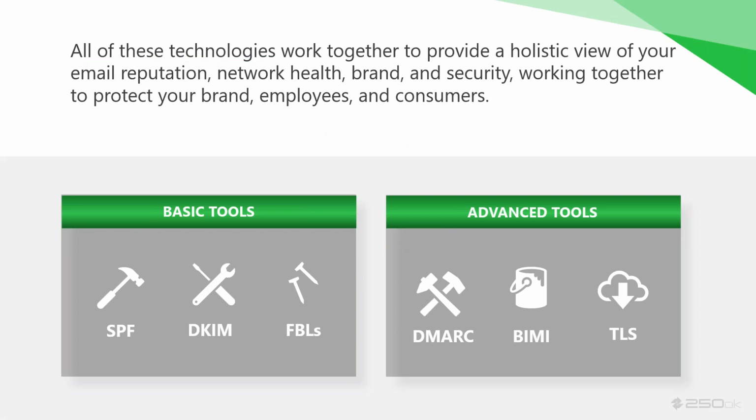Looking back as well over the last couple of weeks, if you've attended the previous sessions, there have been sessions on SPF, Sender Policy Framework, as well as DomainKeys Identified Mail. And as part of that, if you are working with an email vendor, you're likely receiving some reporting around feedback loops or spam complaint data from consumers.